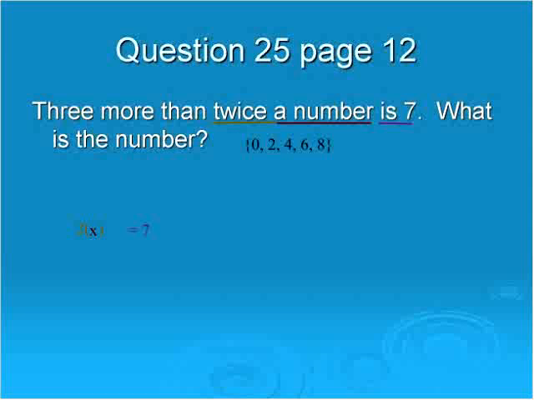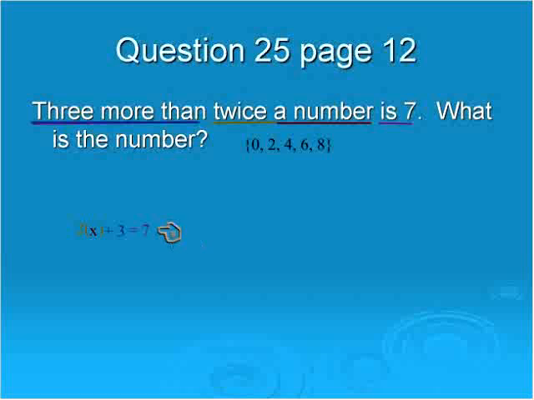Okay, we're adding 3 onto something. So 3 more than twice a number, so 2 times a number plus 3 is equal to 7.